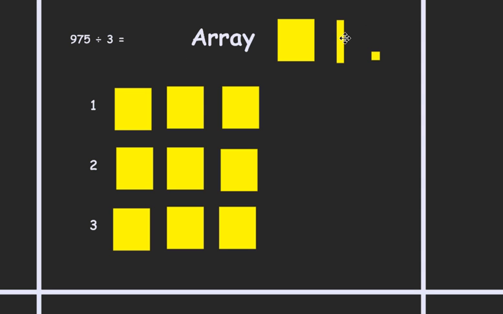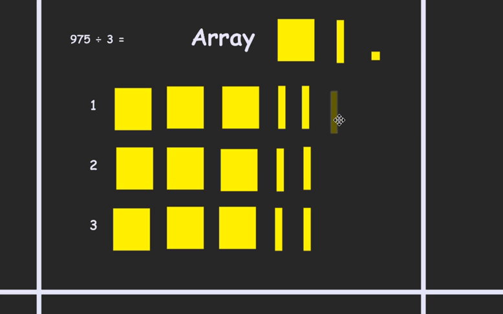Now I need 75. 10, 20, 30, 40, 50, 60, 70. I can't do that because I can't finish it out.